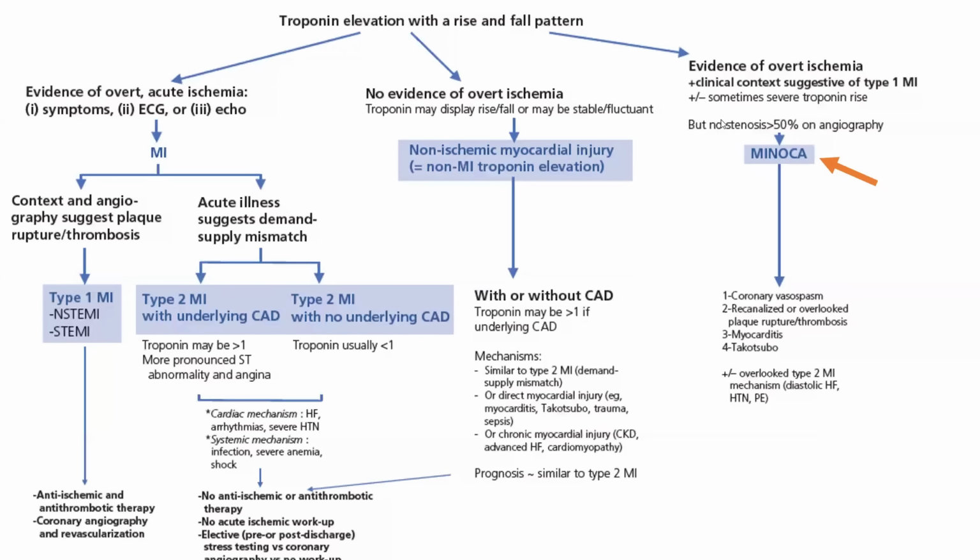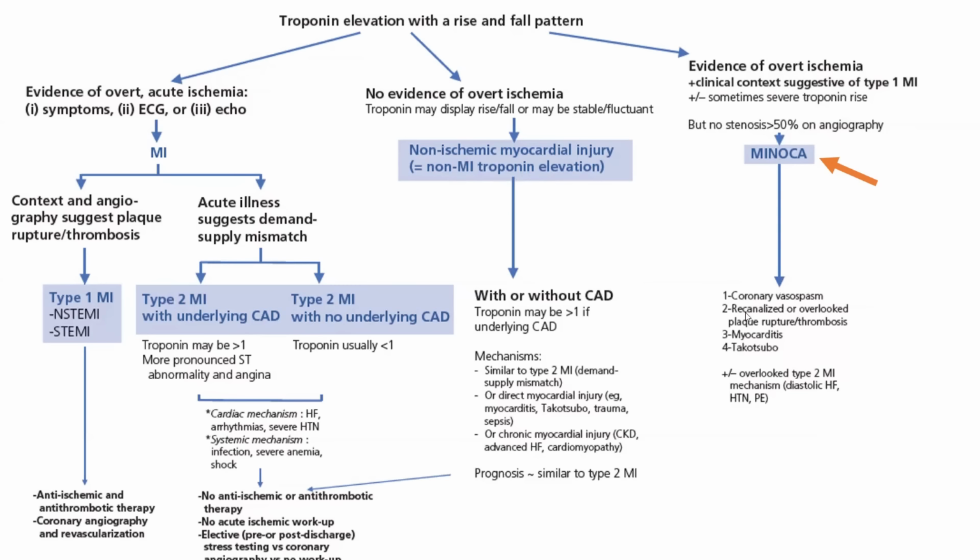Yet you cath them and you see no significant CAD. Basically, you see no stenosis over 50%. This is what we call MINOCA, and I classify it as the 5th type of myocardial injury, MI with non-obstructed coronary arteries. There are 4 big causes of MINOCA. You need to memorize those.